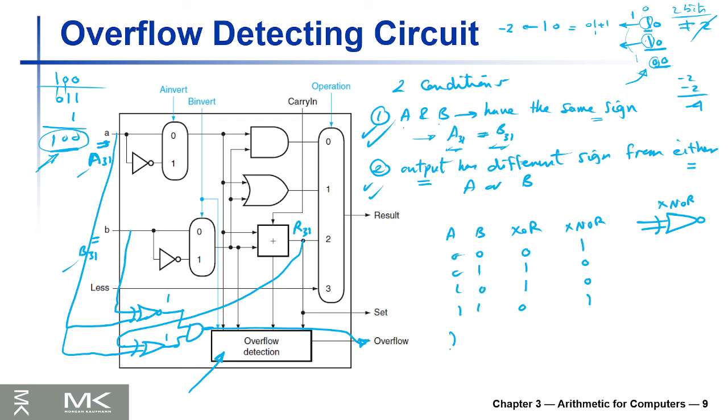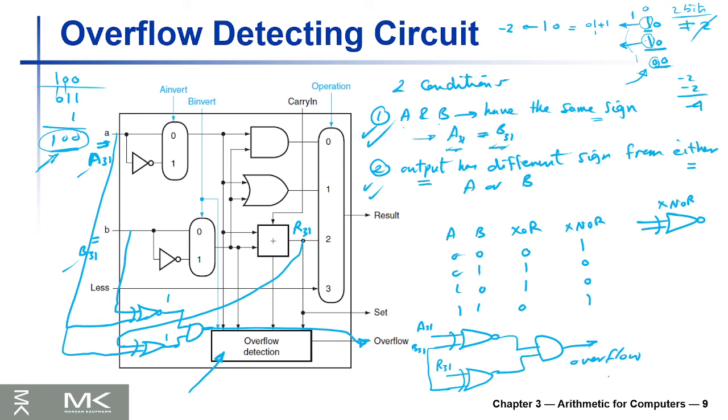So simply we can draw it nicely here. Here, for example, A31, B31, and then we have an XOR that takes as input, let's say, B31 and result 31, and then an AND gate, and here is the overflow.